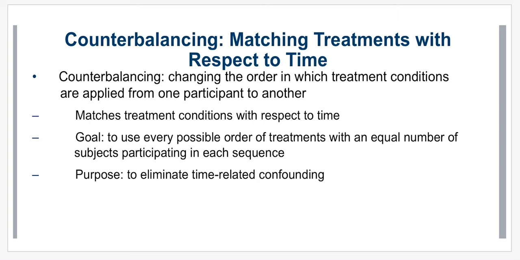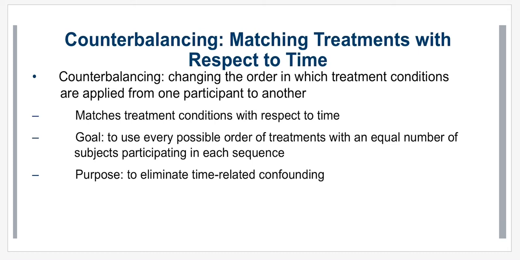Now, one of the things that you can do with respect to time-related variables: we talked about matching variables across treatments. When you're talking about time, it actually has its own term. It's called counterbalancing, and we talked a little bit about this in the last chapter as well.